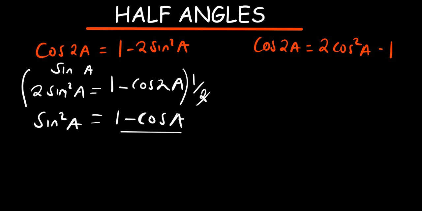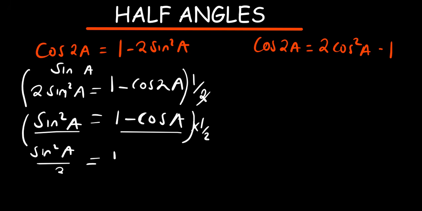If I multiply everything by half, I'm going to have sine squared a over 2 equals 1 minus cos a over 2.